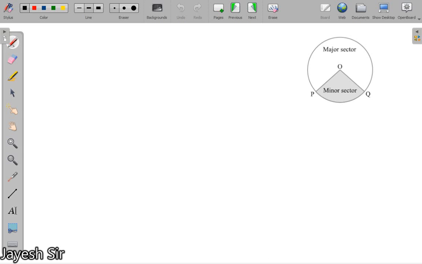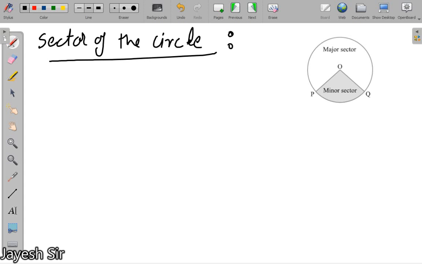Next we are going to talk about sectors of the circle. For that, please draw this diagram, as it is a diagram from your NCERT book only. Here are two radius OP and OQ.